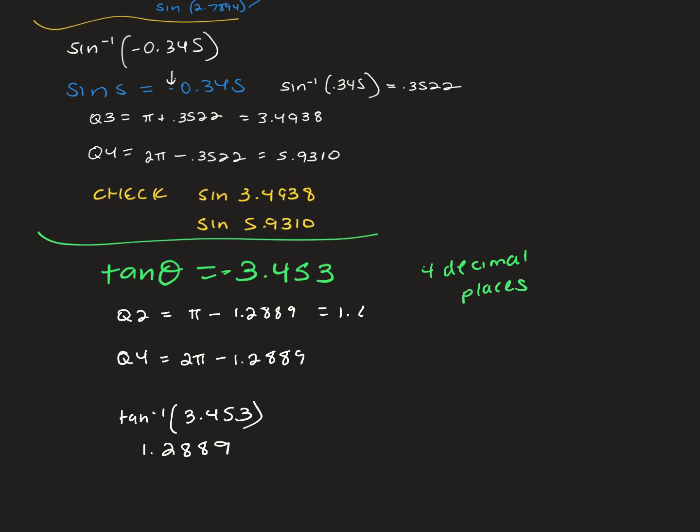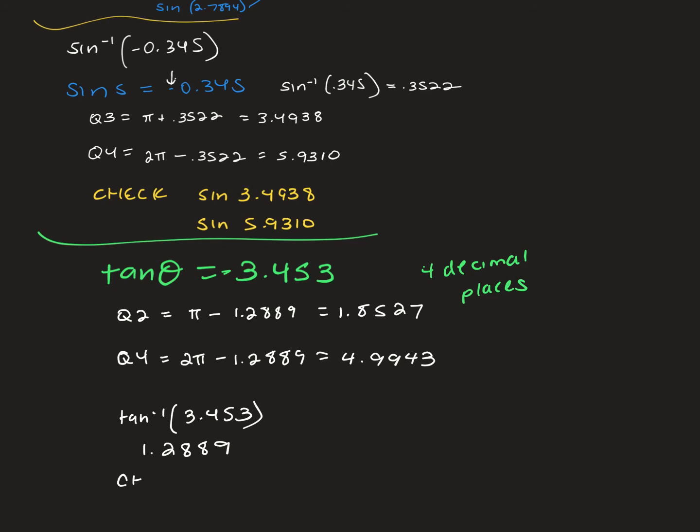And I get 1.853. 2 pi minus 1.2889 is 4.9943. I rounded wrong because I said 4 decimal places here. 1.8527.